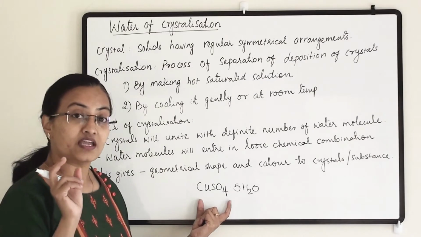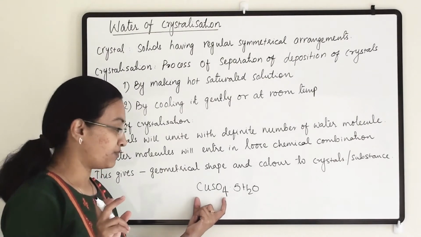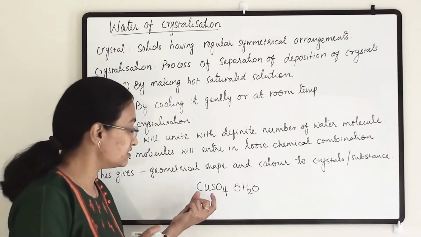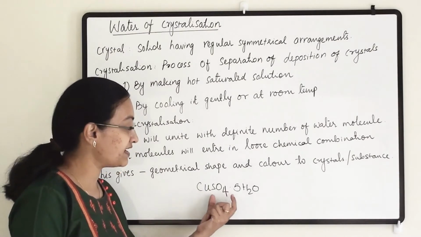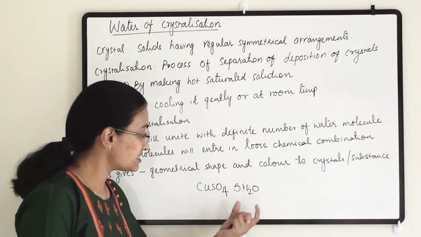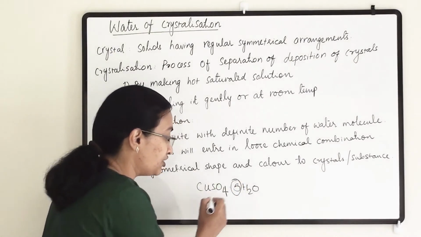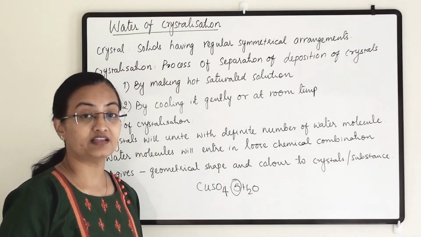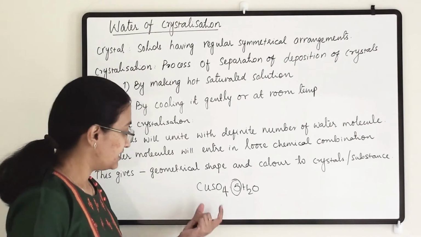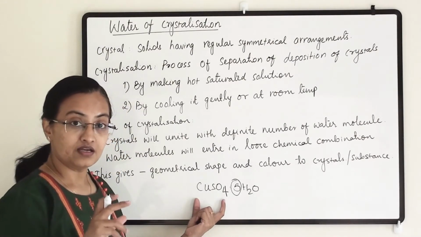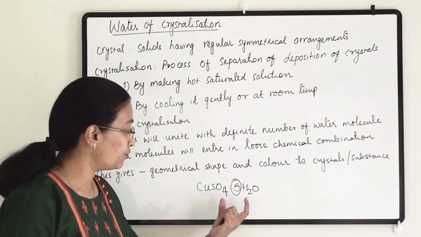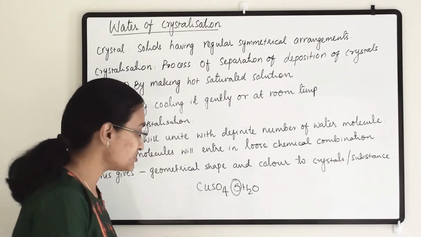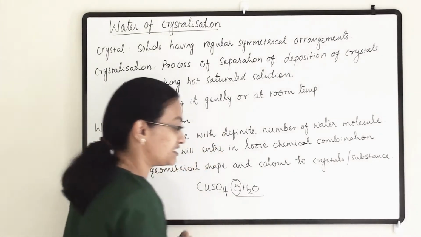It is not in the molecular formula of copper sulfate, but it is held somewhere in between the atoms of copper and sulfate. And the number of water molecules held there is fixed. When copper sulfate crystallizes, only 5 molecules of water attach to it, and this water is known as water of crystallization.